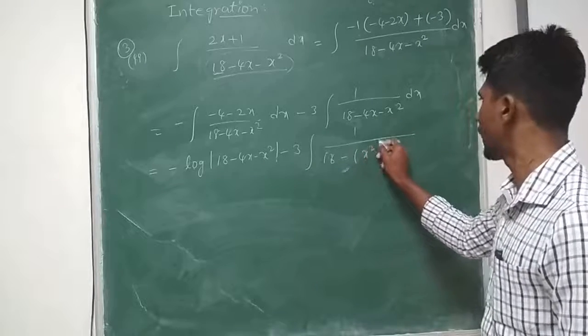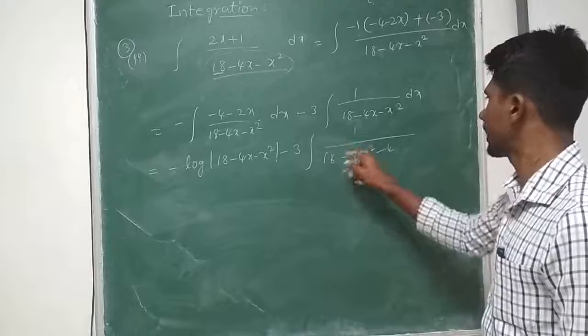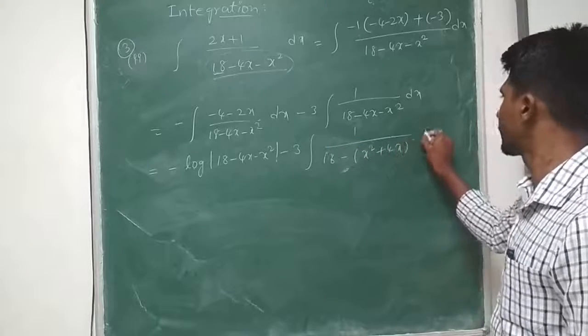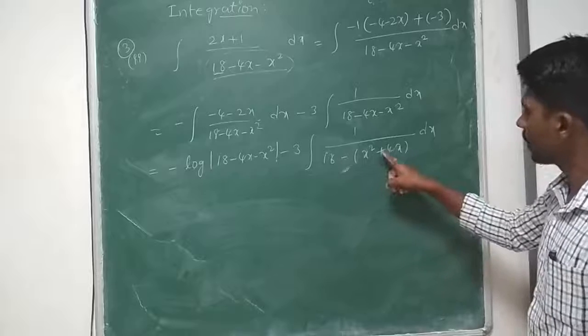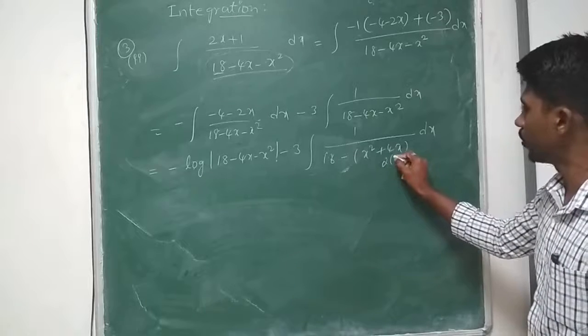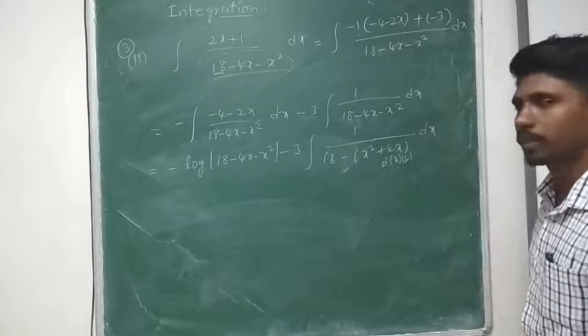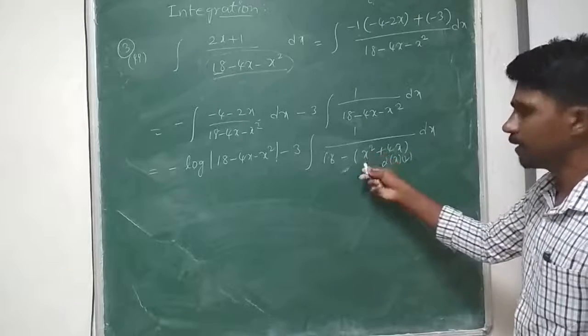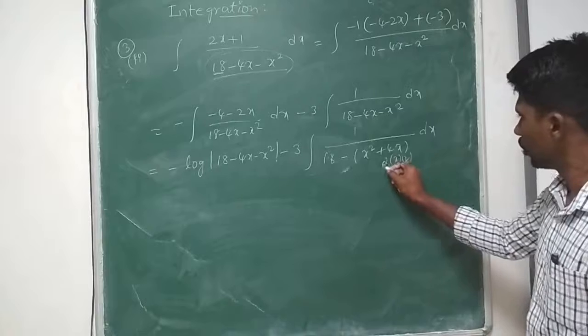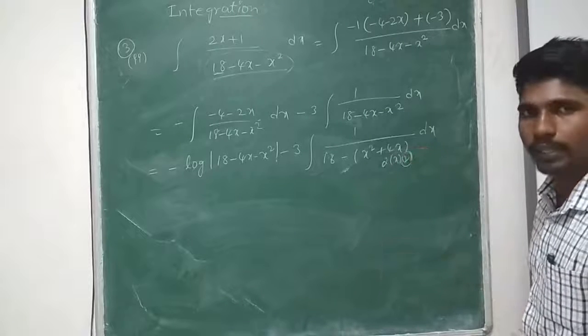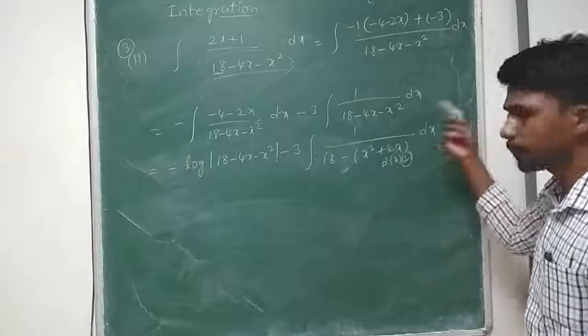So I get x square, minus taken out, plus 4x dx. Now x square plus 4x can be written as 2 into x into 2. If I assume x as a, then 2ab, so 2 as b. So I need b square.